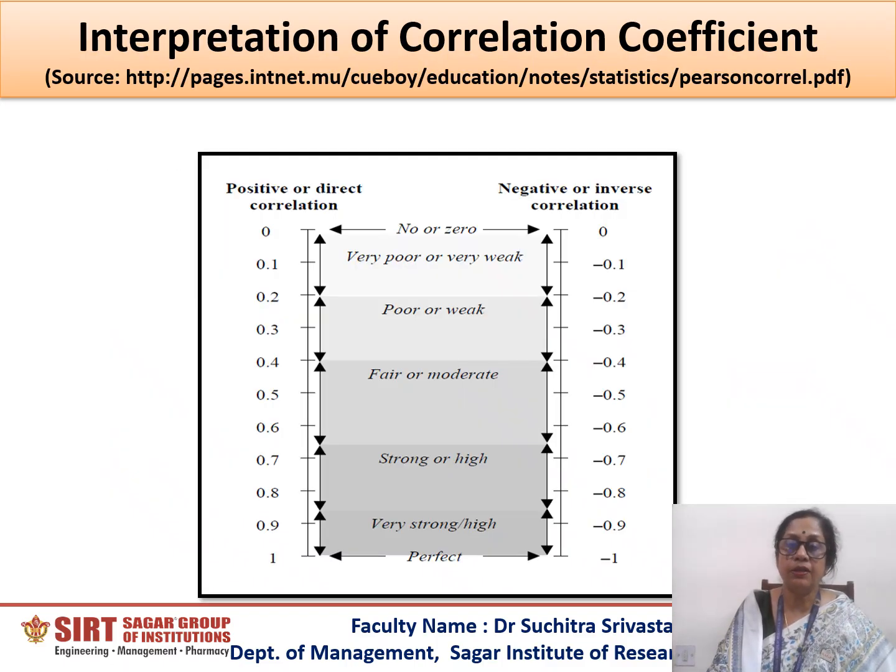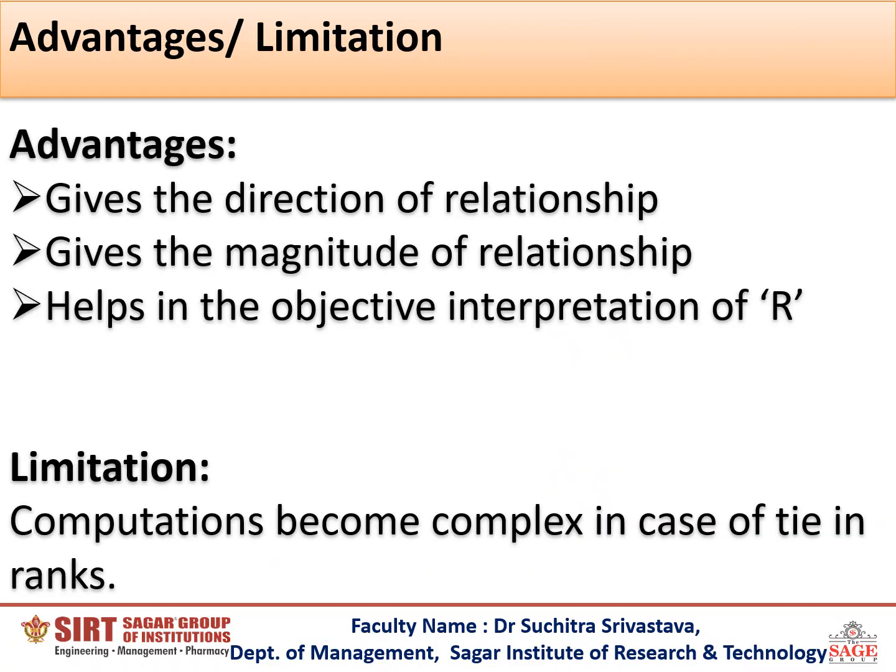Please note that the interpretation of capital R or rho is the same as the interpretation of small r, or Karl Pearson's coefficient of correlation. Now, coming to the advantages and limitations of this method.